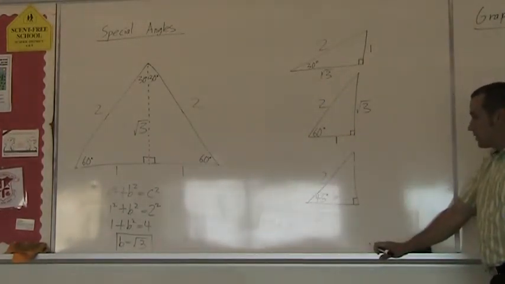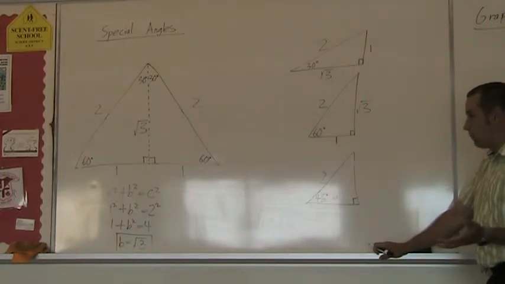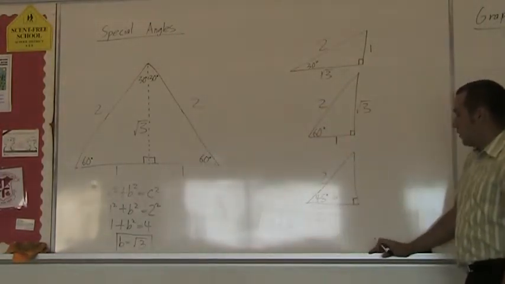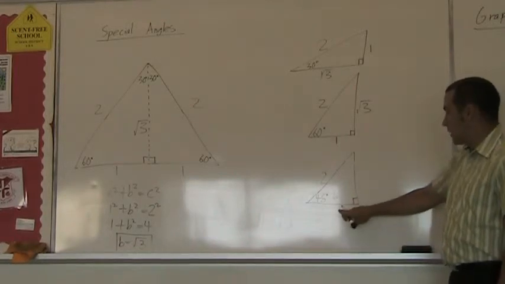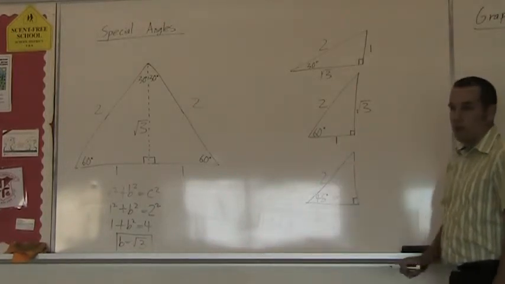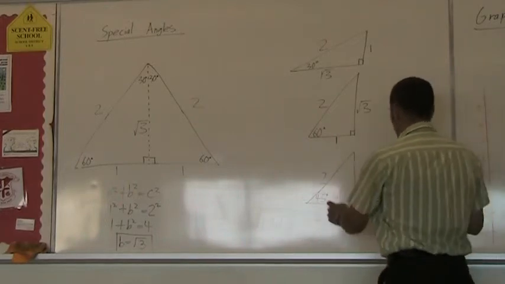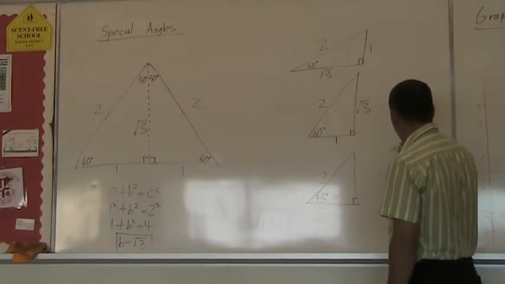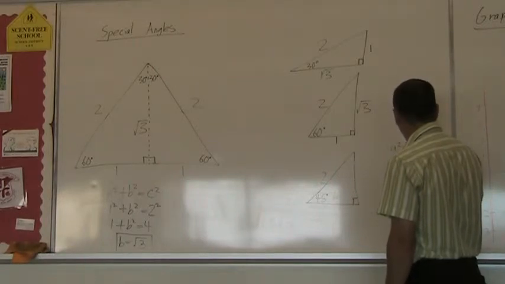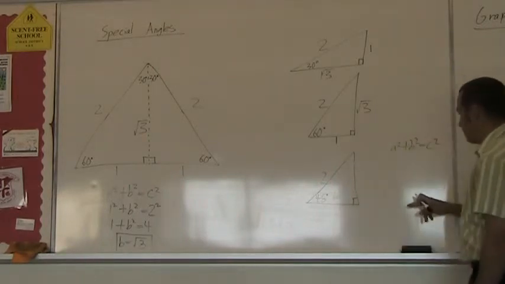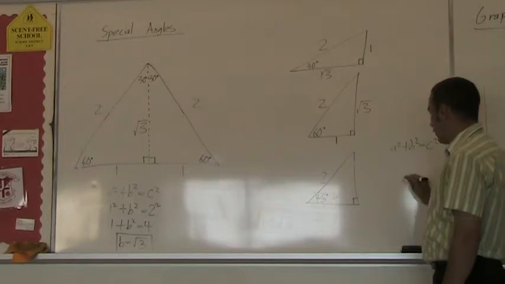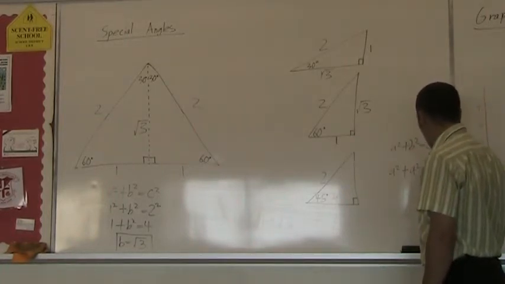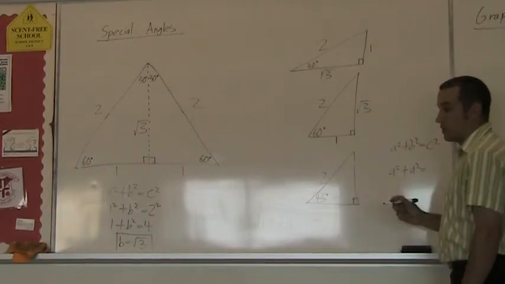Now again, using the same Pythagoras theorem, a squared plus b squared equals c squared, I would need two side lengths that are both the same. If I know a and b are the same, we would basically call them both a, so a squared plus a squared equals c squared, which is 4.